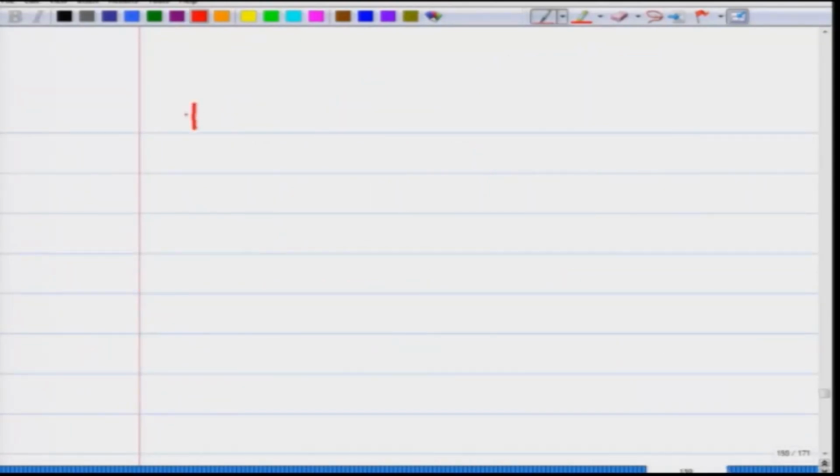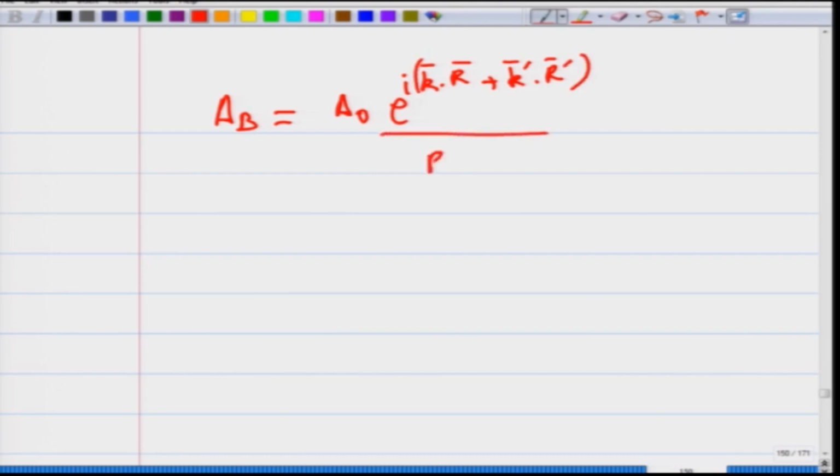So, let me find out the intensity at point B. If you recall, AB was A naught e raised to i (k·r + k'·r) divided by r' e raised to i (k − k')·r. This is of course a constant. The variable is this, okay.